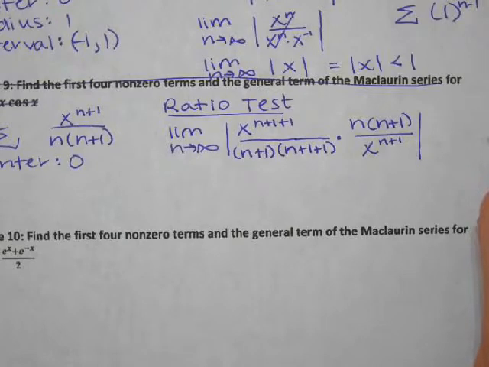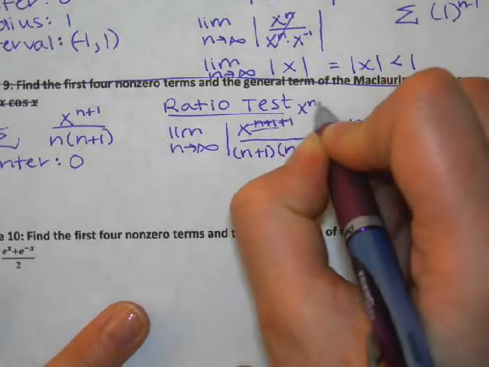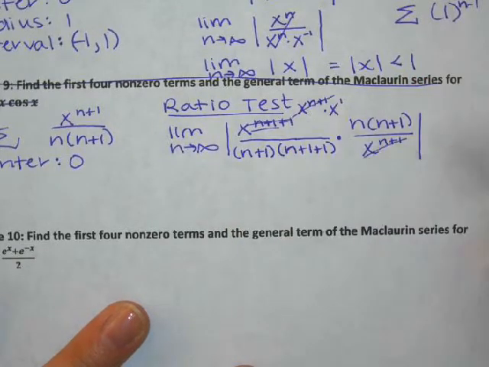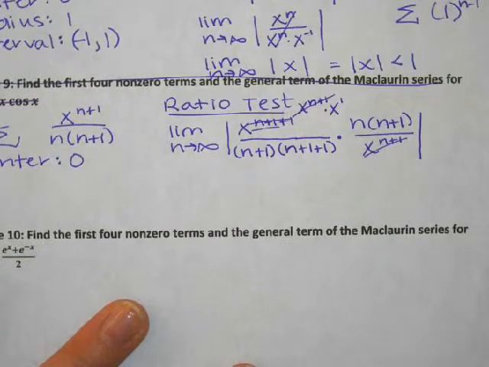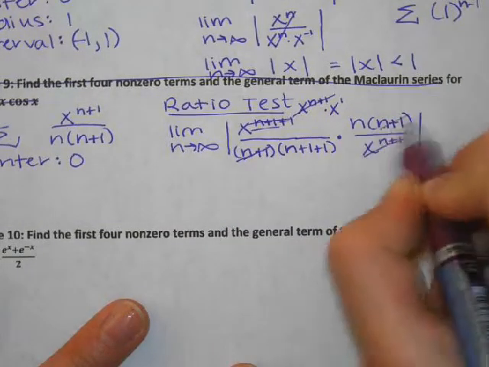And so I can start to think about what would cancel out. If I think about rewriting that, that's x to the n plus 1 times x to the 1. And so that cancels. n plus 1 cancels.